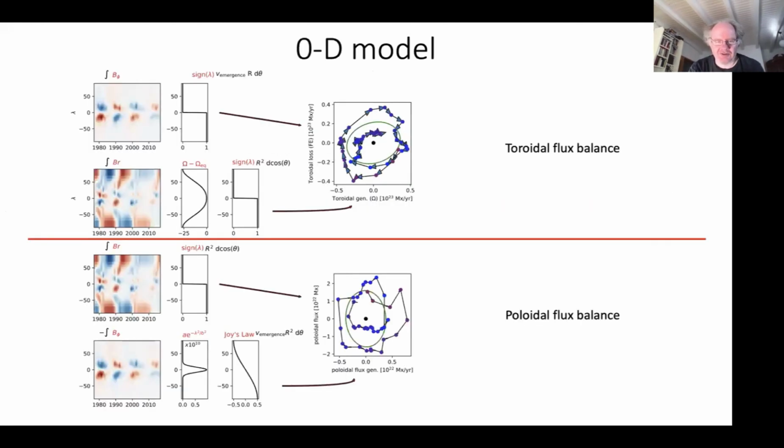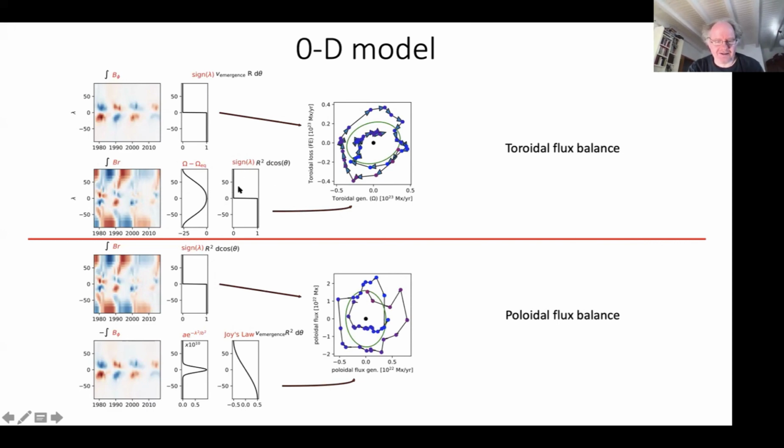So this leads to the zero-dimensional sort of Babcock-Leighton, if you want, model of the solar cycle. The point is, toroidal field is generated by the winding up. So in the northern hemisphere, we take the radial field, the differential of the rotation, multiply these together.